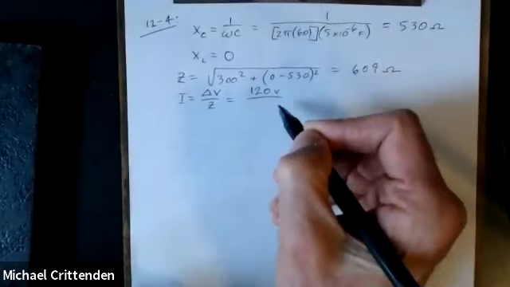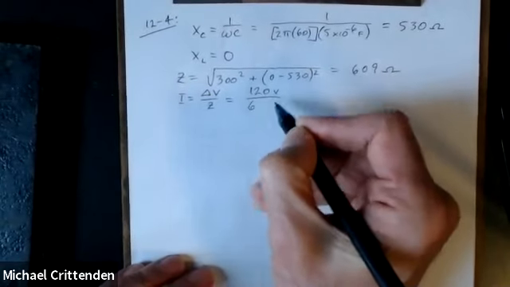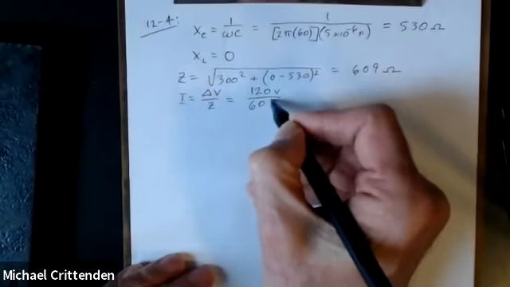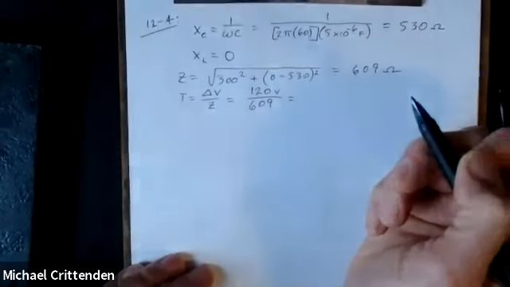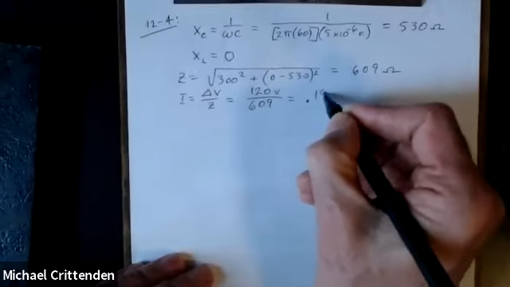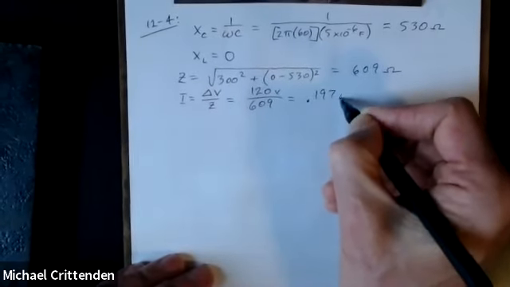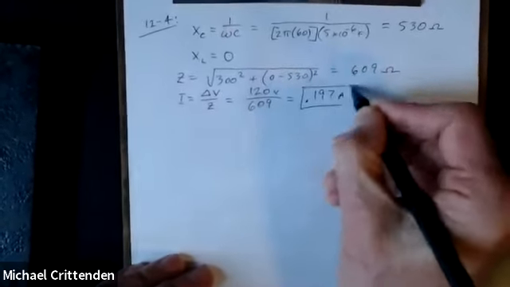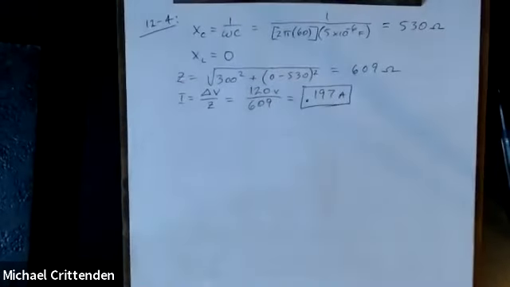Having said that 4 or 5 times, I am still pretty confident that if this sort of thing comes up on a test, somebody will do that. That gives 197 milliamps.